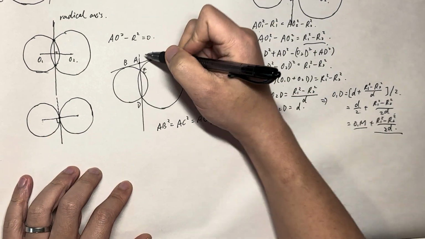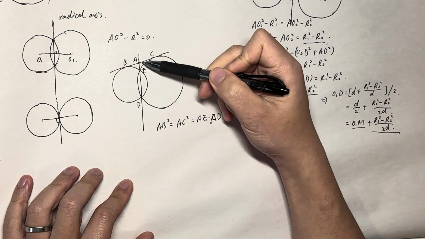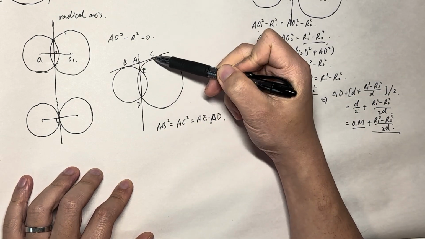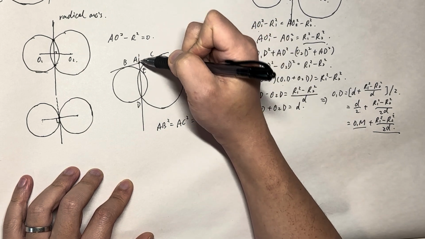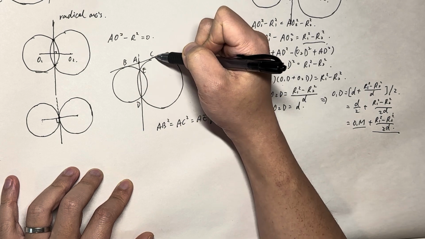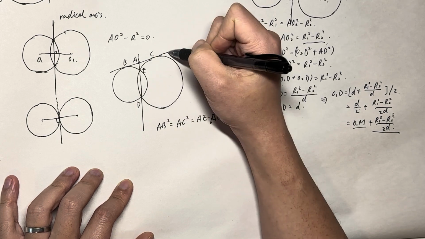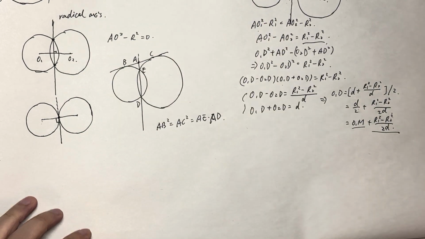So that is saying the midpoint of the common tangent, the midpoint of the line segment from the common tangent, lies on the radical axis.